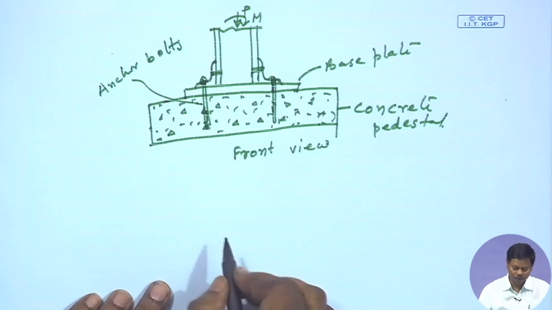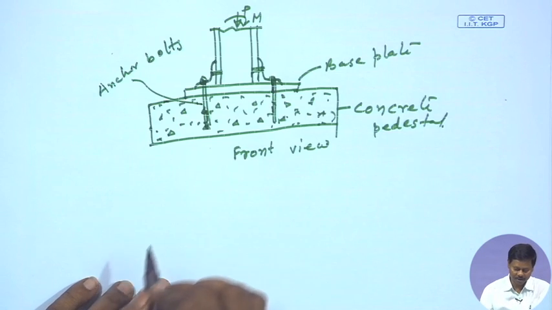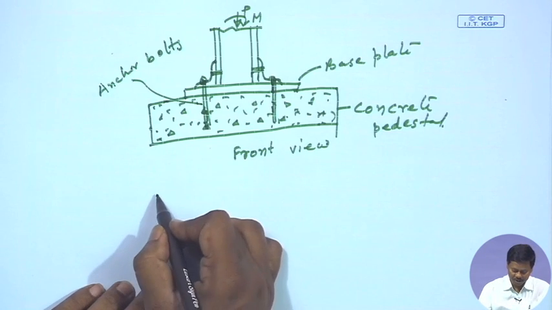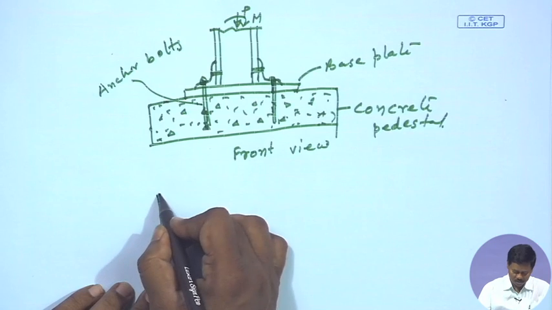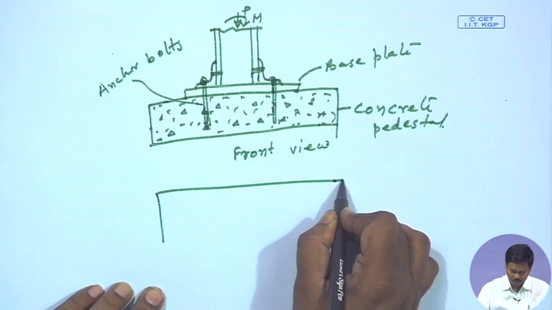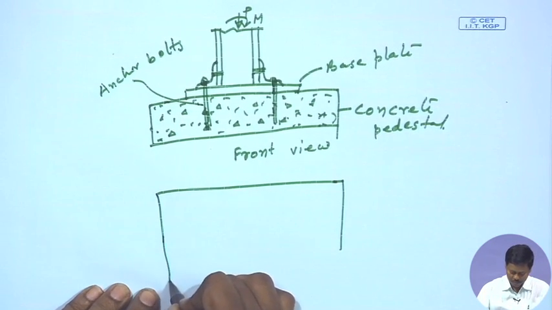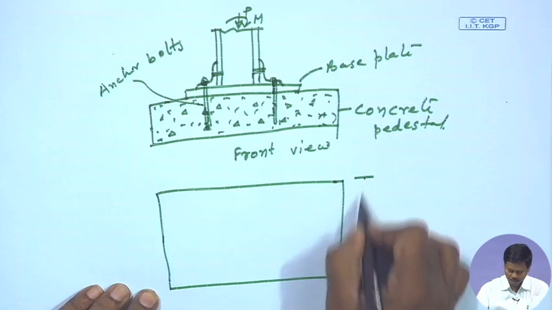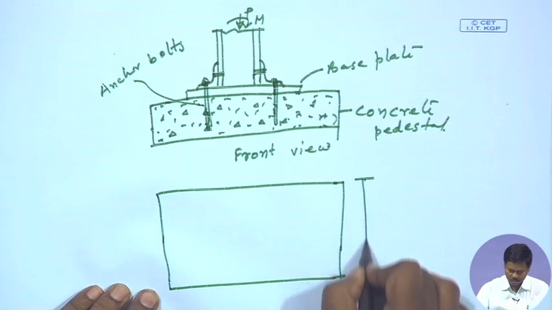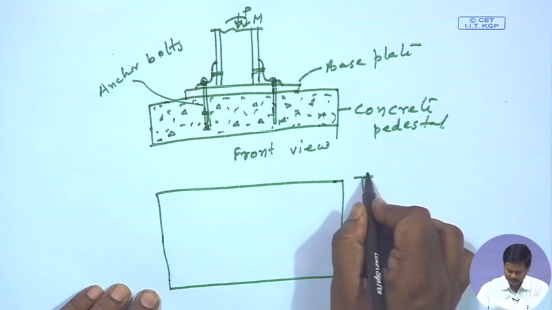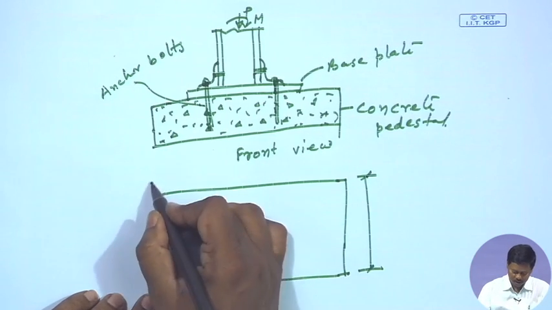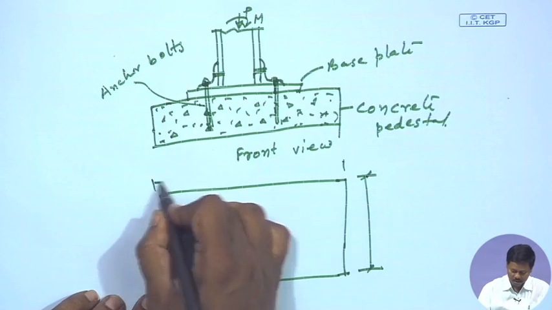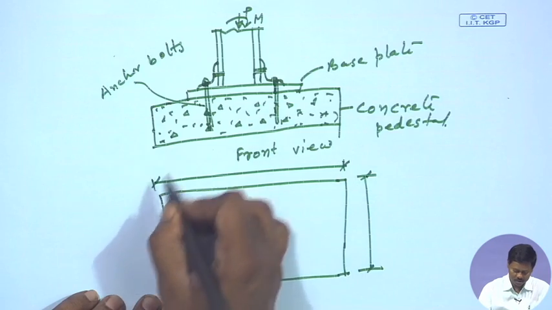So, anchor bolts also will be designed as per the requirement, and if we see the same in top view, it will look like this. So, this is called width of the pedestal and this is the length of the pedestal, right.